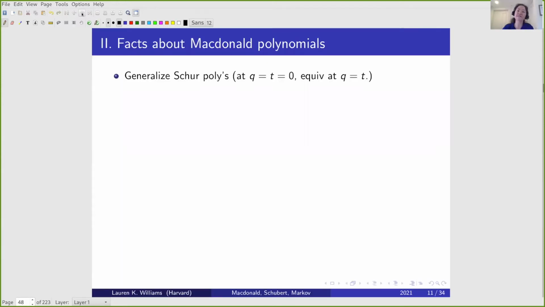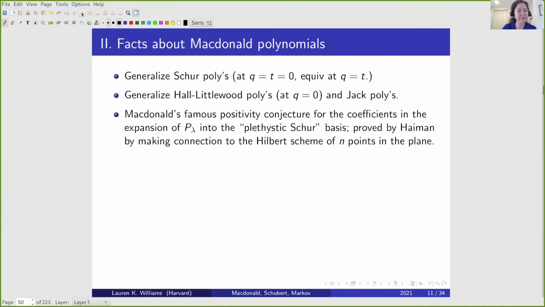So let me just say a few facts about the Macdonald polynomials. I mentioned already that they generalize Schur polynomials, and they also generalize other well-known polynomials like Hall-Littlewood polynomials and Jack polynomials. Macdonald made a famous positivity conjecture for how they expand in the plethystic Schur basis, which was eventually proved by Mark Haiman by making a connection to the Hilbert scheme of points in the plane.